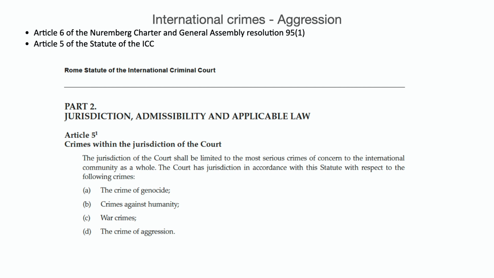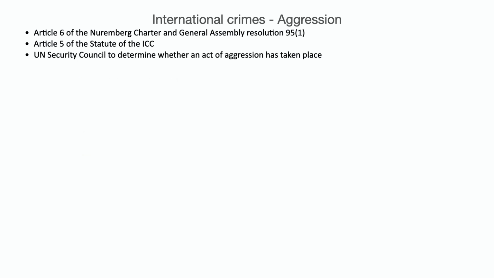The blockade of ports or coasts of a state by the armed forces of another state, and an attack by the armed forces of a state on the land, sea, or air forces or marine, and air fleets of another state. The Security Council has the competence under Chapter 7 of the Charter to determine whether an act of aggression has taken place.